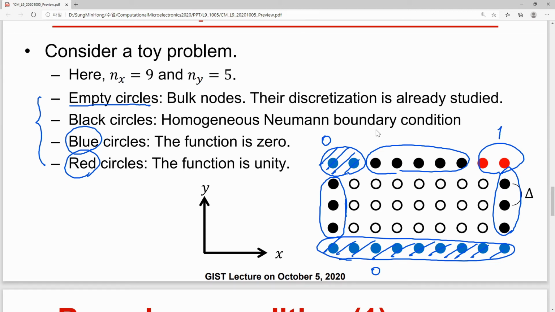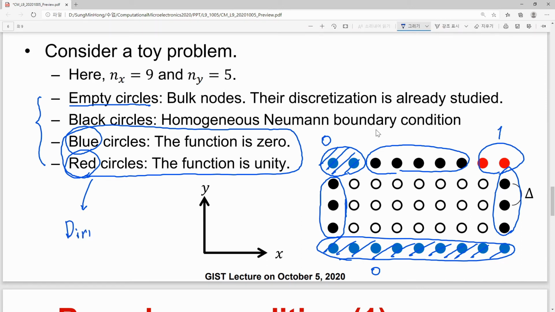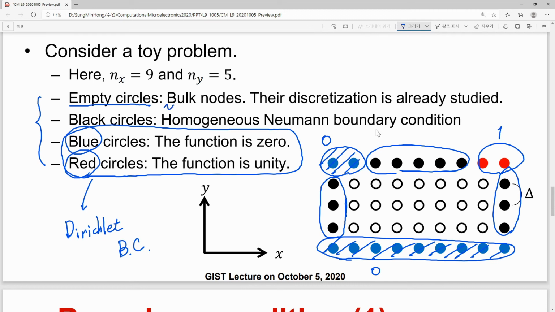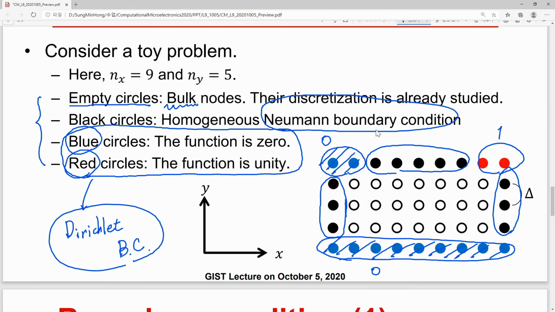But anyway, these two kinds of circles, blue or red, can be categorized as Dirichlet boundary conditions. So, shortly speaking, we have already covered bulk nodes. It's okay. Now we have to consider the Neumann boundary condition and the Dirichlet boundary condition. Let's do it together.